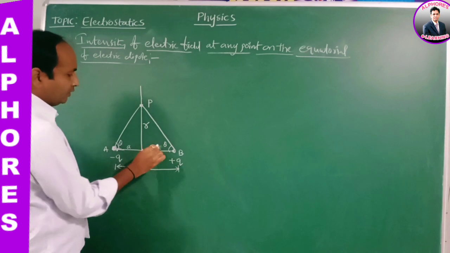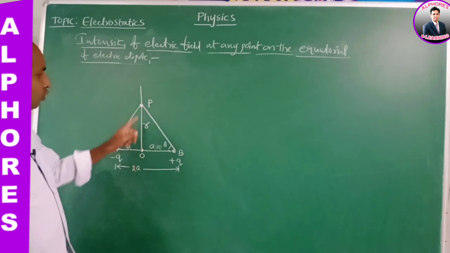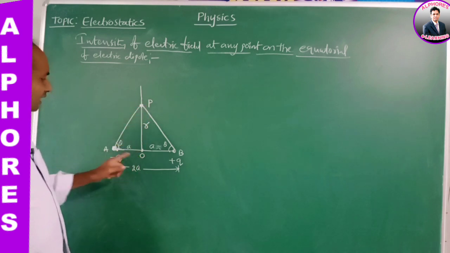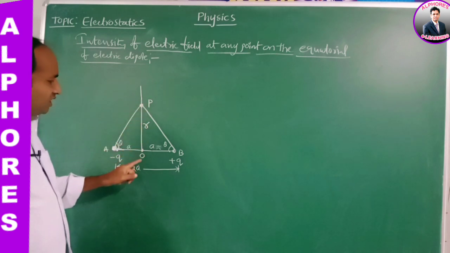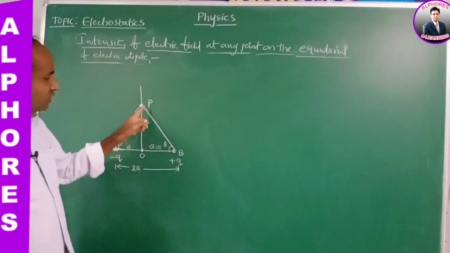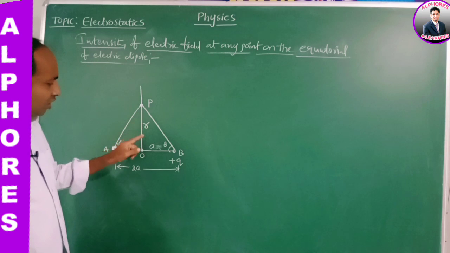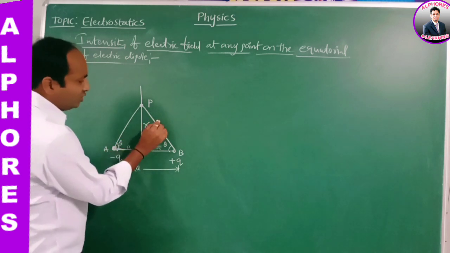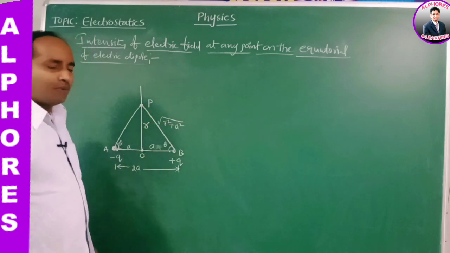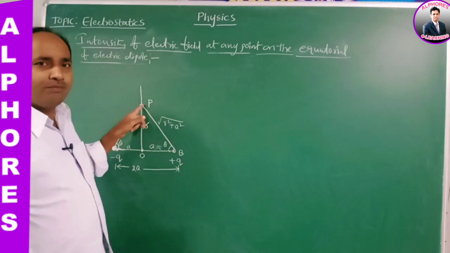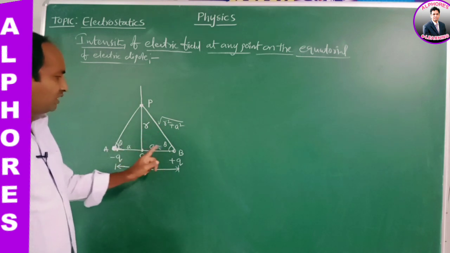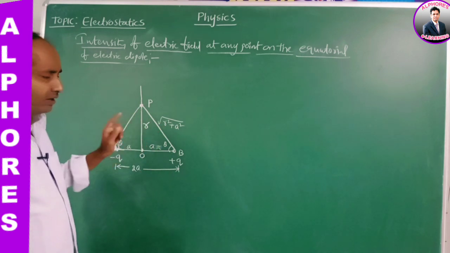Now, OAP or OBP is a right angle triangle. So from this right angle triangle, by using the Pythagoras theorem we can write the value of BP. This is r and here it is a. The value is under root of r square plus a square, because OB is a and OP is r.